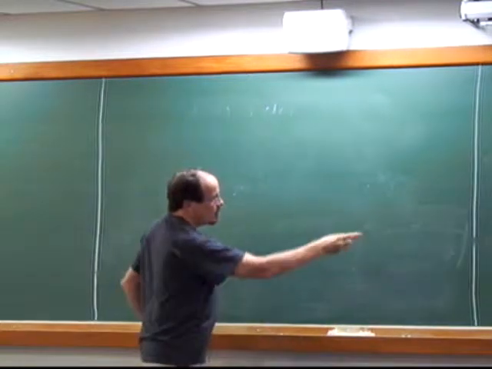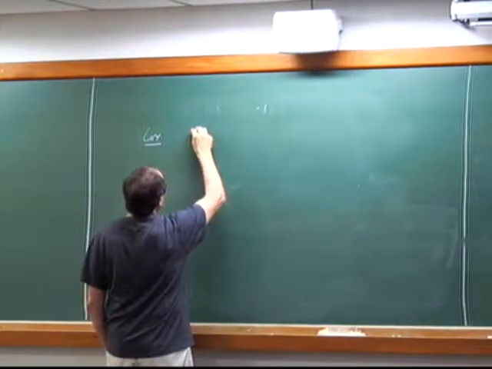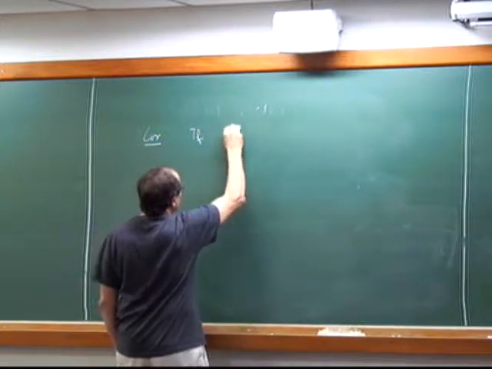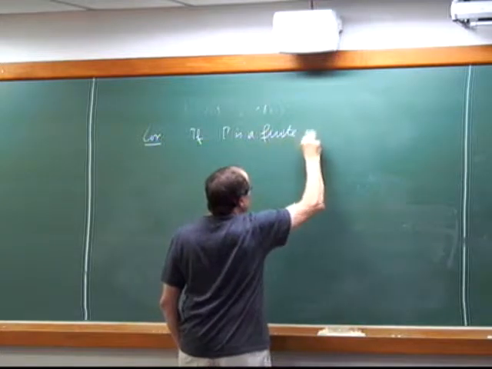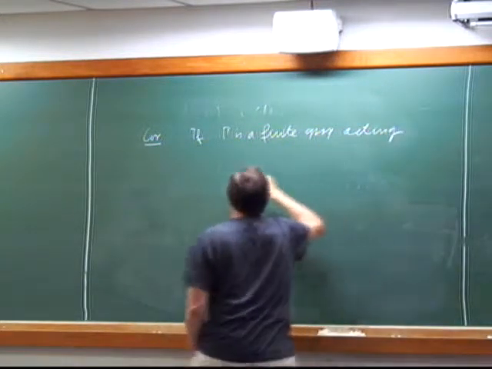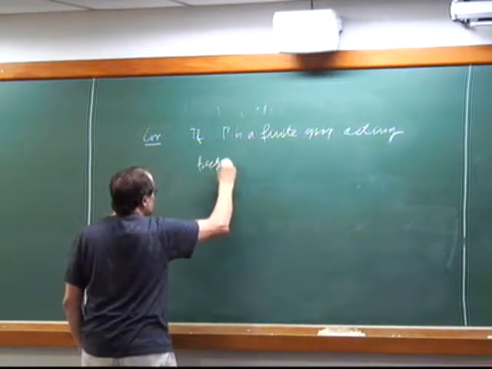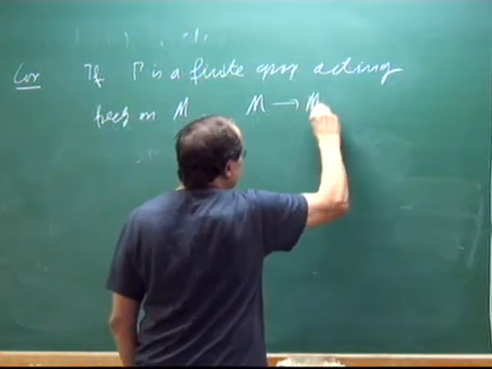A particularly useful consequence of this fact B, right, as a corollary, is that if gamma is a finite group acting freely on M, then I get a cover, a normal cover.